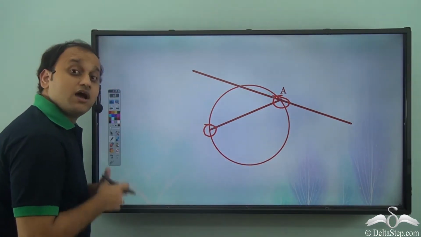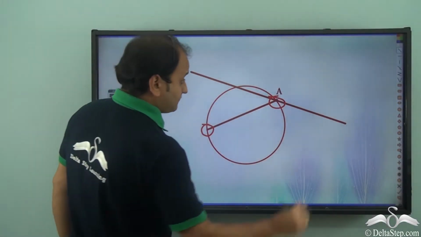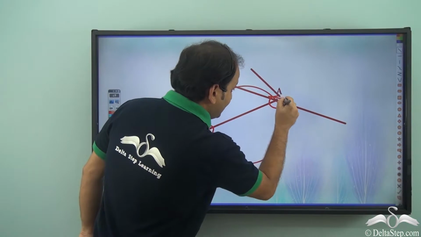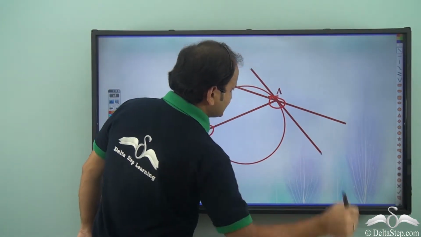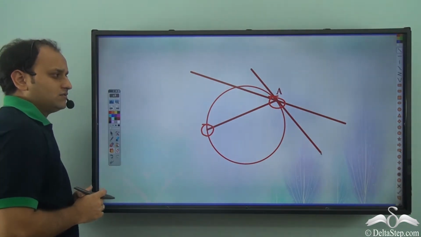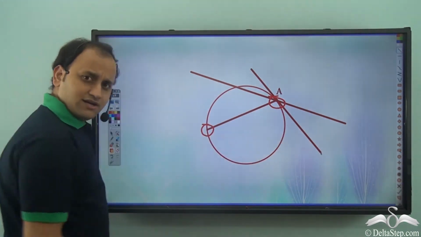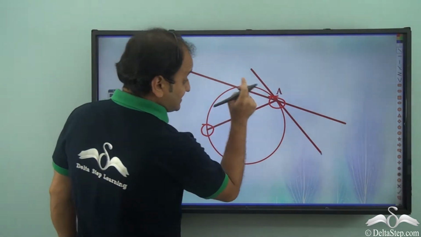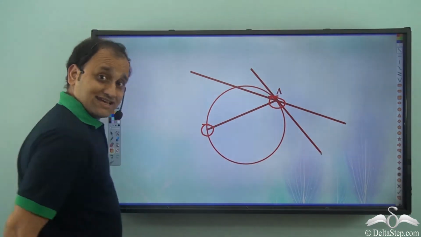So this is a chord of the circle. Now what if I take a line from here like this? Now can we say this is a tangent to this particular circle? We can, because it is only coming in contact with the circle at point A.